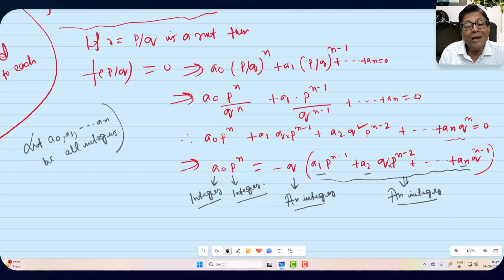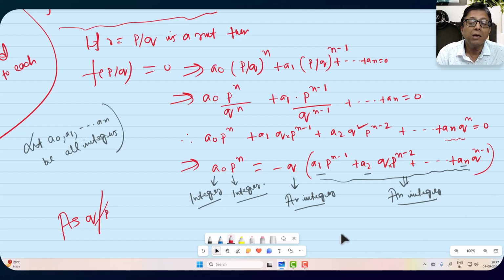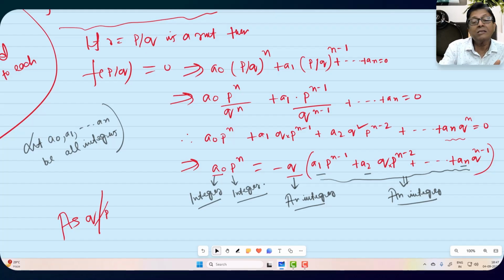So, it's quite obvious that we can state that q does not divide p. So, q must divide what? a0. Am I clear? Because left hand side is a product of two terms, one term repeated, doesn't matter. This one is an integer, and q does not divide it.